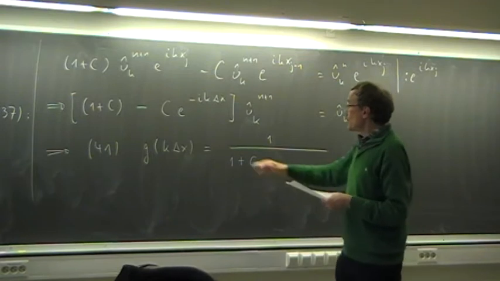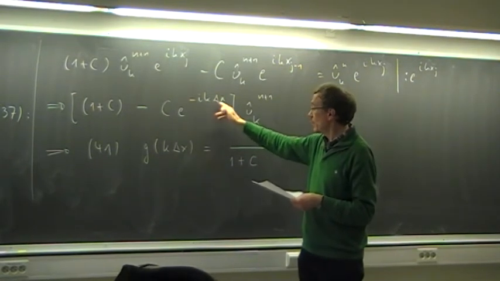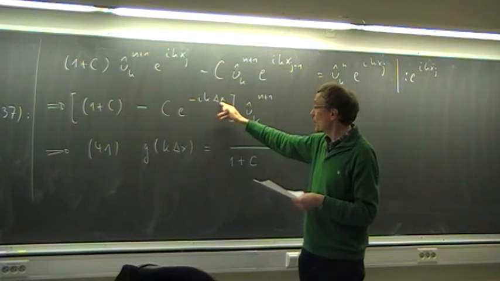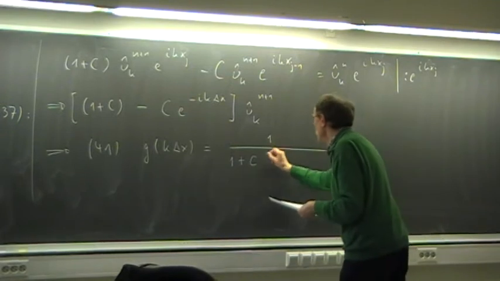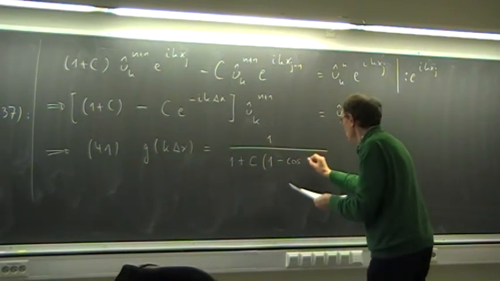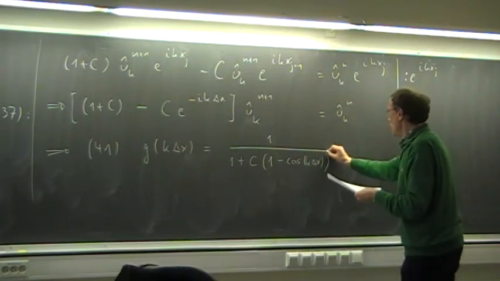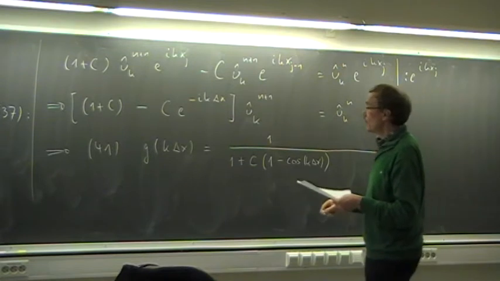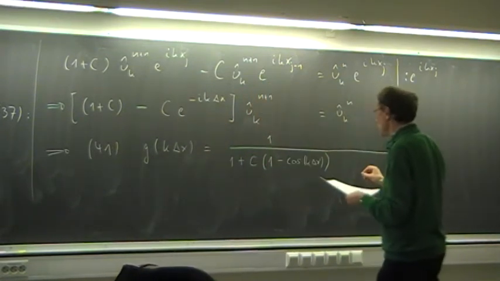And now we use here the Euler's formula. This is cosine of k delta x minus I sine k delta x. If we do that, we get 1 minus cosine of k delta x. And then we have here a minus I sine, which gets a plus.